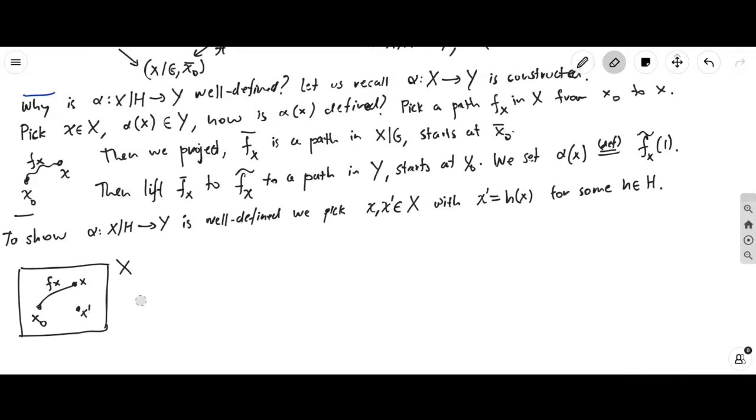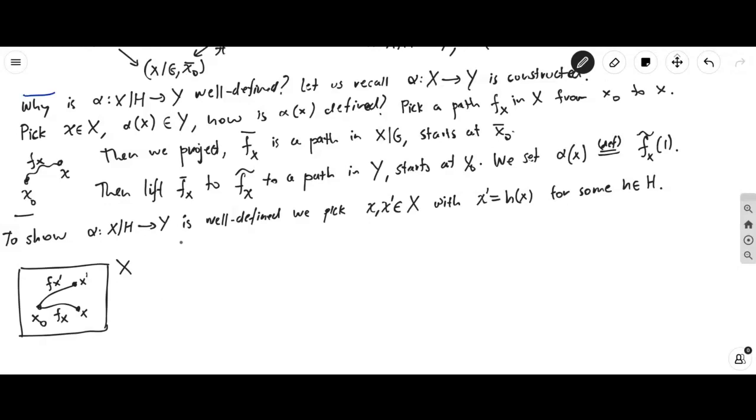Actually, maybe I'll do it the other way around. Maybe I'll call this fx, and I'll call this x prime. Okay, and now the situation is a little bit more complicated, because you have these paths that do not necessarily meet at the same point at the end, because the x and x prime could be different. So this is the way the picture looks like in the simply connected space.